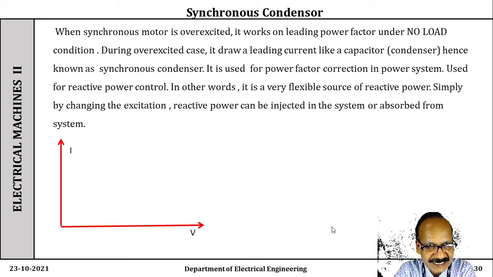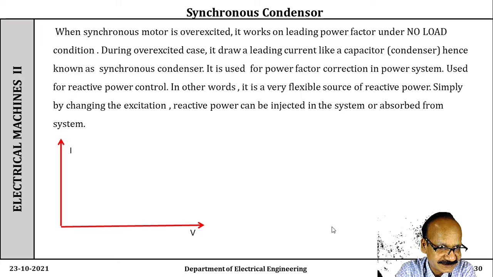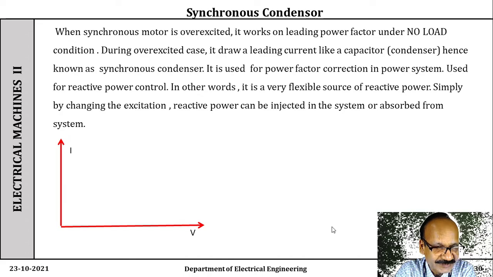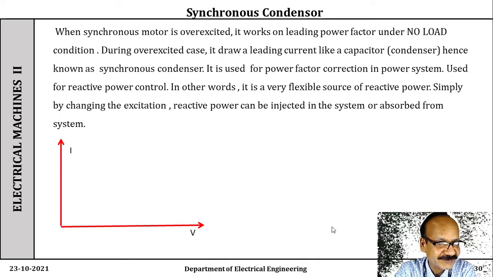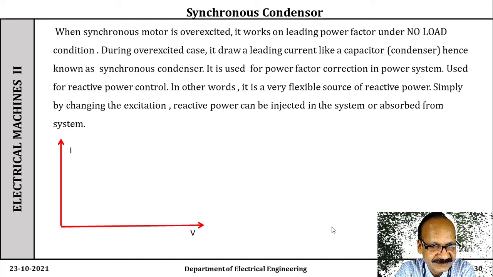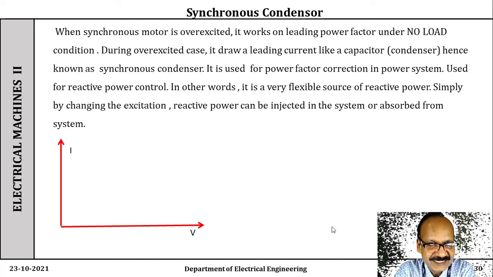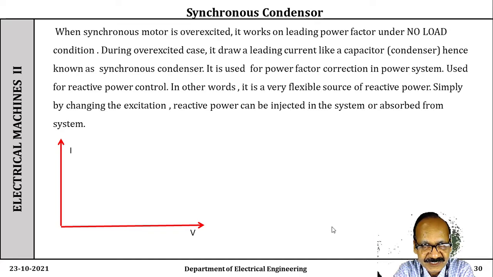It can inject reactive power at a leading power factor in the overexcited case, during the peak hours, whereas it can absorb reactive power during off-peak hours while the synchronous motor is running under excited at a lagging power factor.